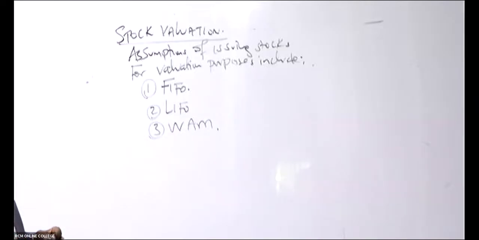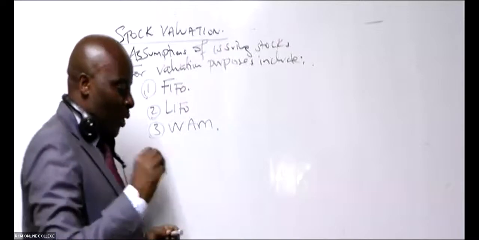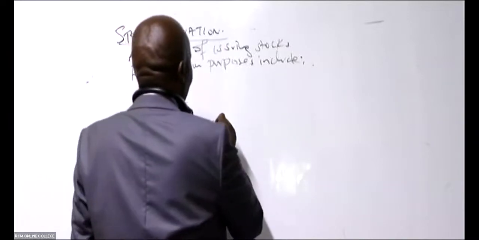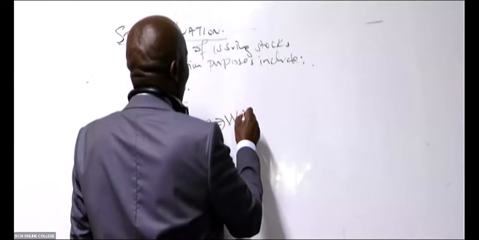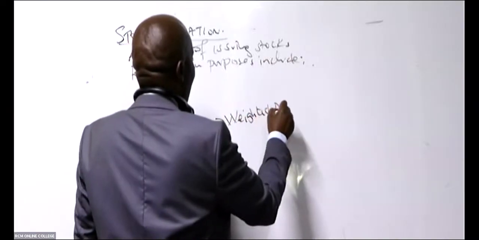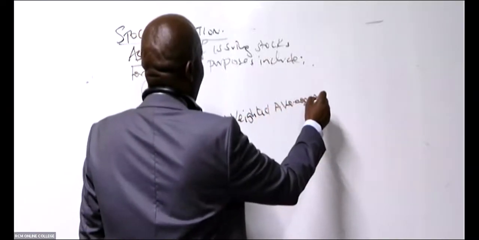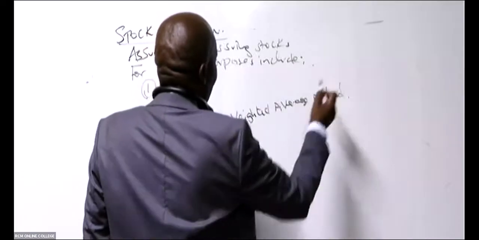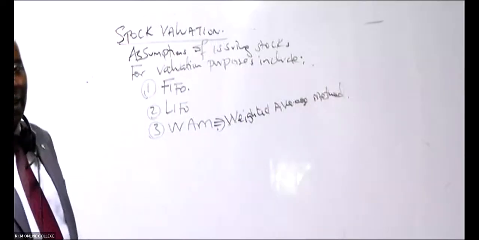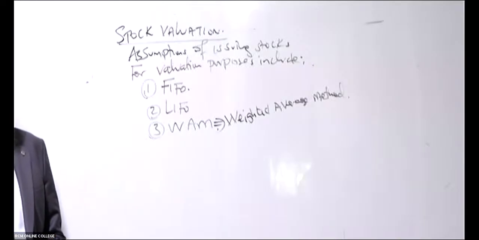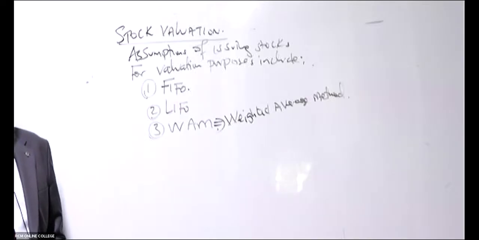LIFO is last in, first out. And then we have WAM. WAM is the weighted average method. So FIFO is first in, first out. LIFO is last in, first out.